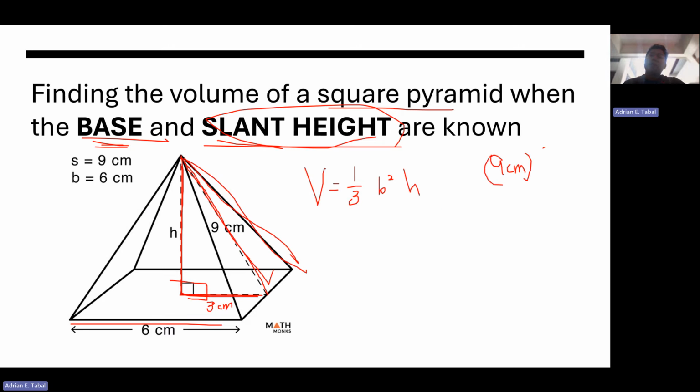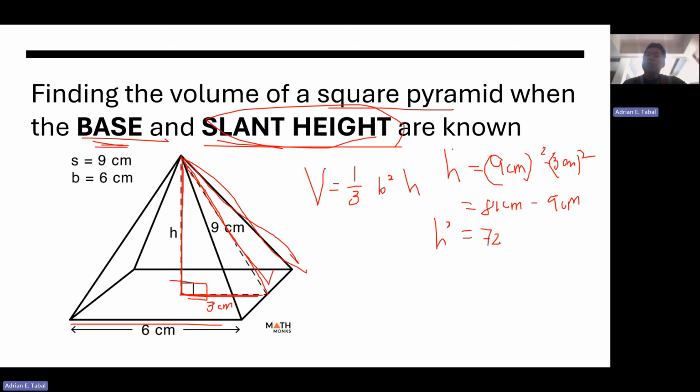So 9 cm squared minus 3 cm squared. This is how we find the height. This is the Pythagorean theorem, finding letter B or letter A, depending on what letter you are going to use. So simplify: this is 81 minus 9, which is equivalent to 72.